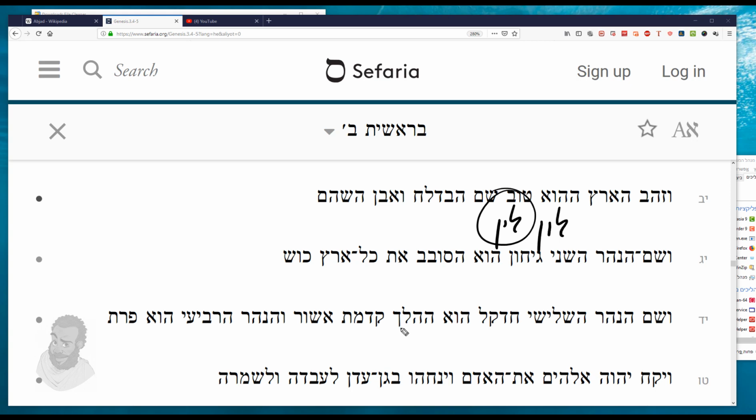This is how it was written biblically, and then this is how it's written in dictionaries. Lon, okay, it means to lodge for the night. I would say lanti, as in I lodged. Or lan, I am lodging, or he is lodging.